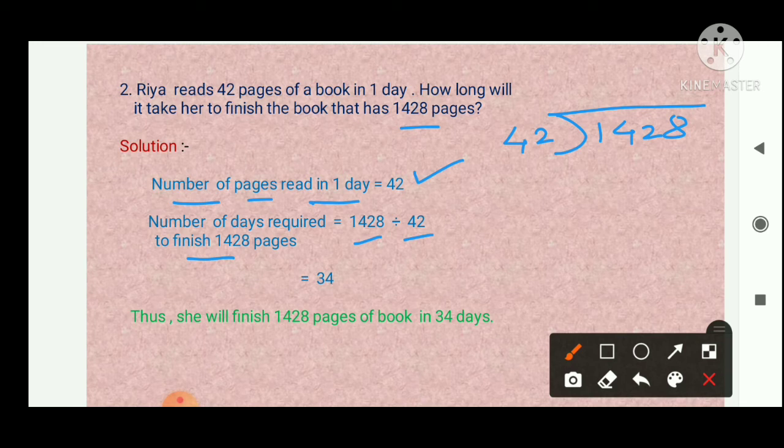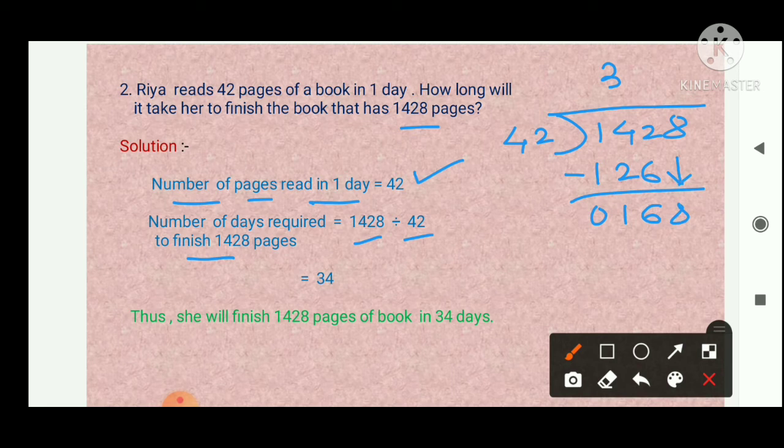By dividing 142 by 42, we get quotient 3 and product 126. Now we subtract, we get 16.